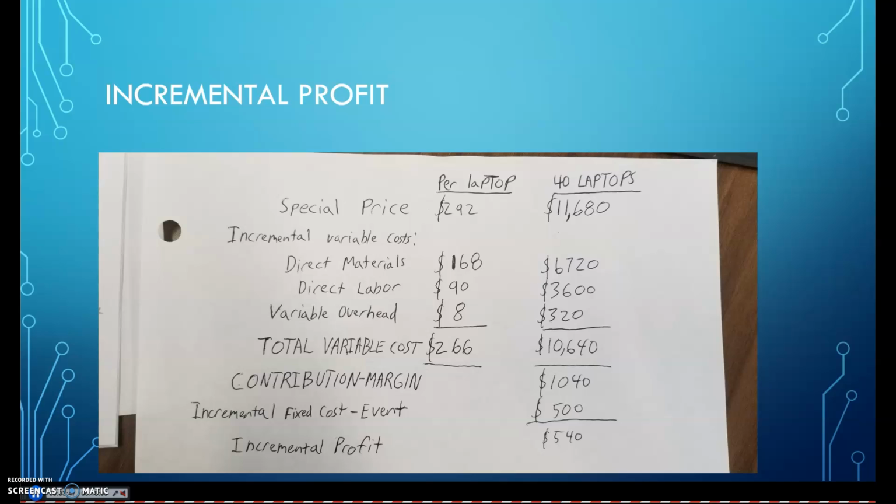The sales were $11,680, and then you subtract the total variable cost of $10,640, and you get $1,040. And then you have the incremental fixed costs of the event, which is $500. You do contribution margin minus incremental fixed costs of the event, and you get an incremental profit of $540.